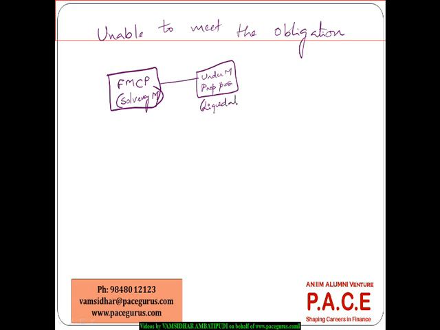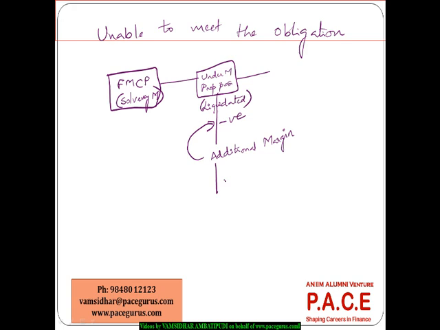And using that liquidated amount, the settlement typically happens. And still, after doing all this liquidation, if the customer account is still negative or in deficit, the exchange looks out for whatever additional margin has been deposited by the member with the clearinghouse, and that will be utilized for the payment.